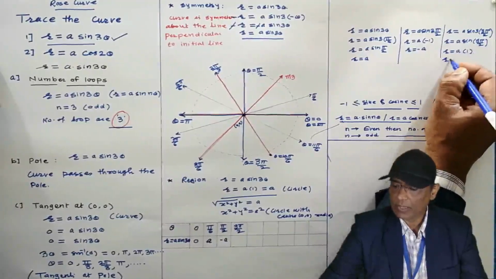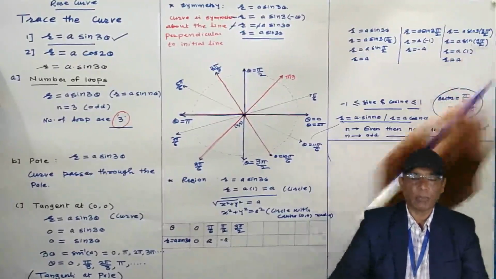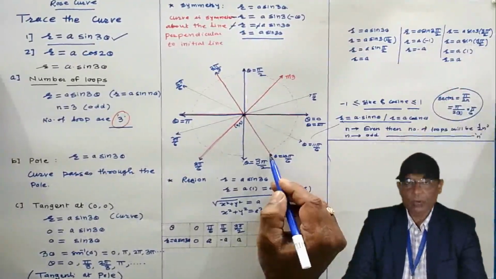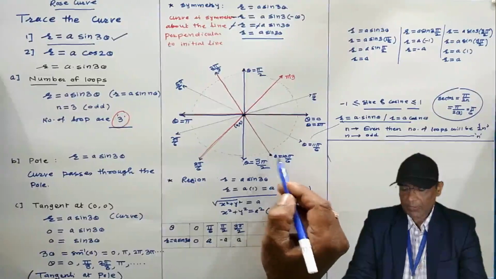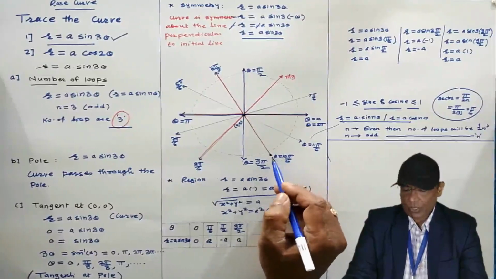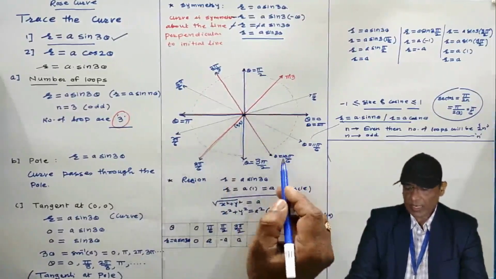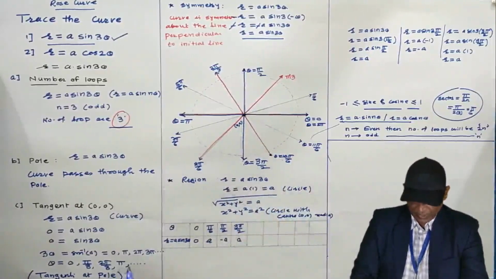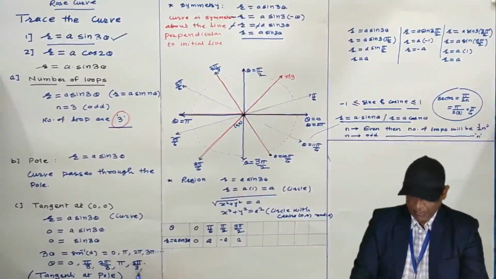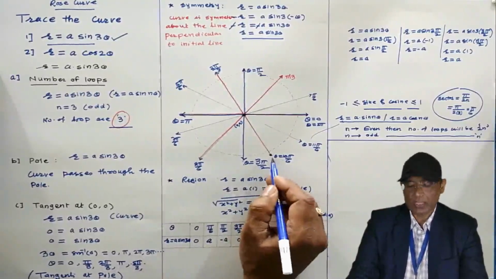You can use the calculator here to get the value of sin 9 pi by 2. Can you find out the value of r at theta equal to 10 pi by 6? No, because this red line is a tangent. Pi by 3, 2 pi by 3, 4 pi by 3, 5 pi by 3 means 10 pi by 6. 10 pi by 6 is a tangent.